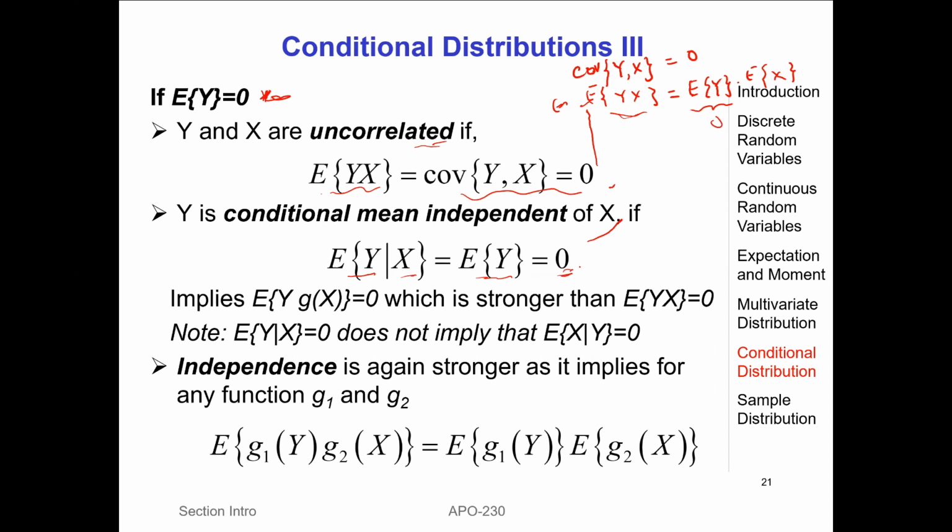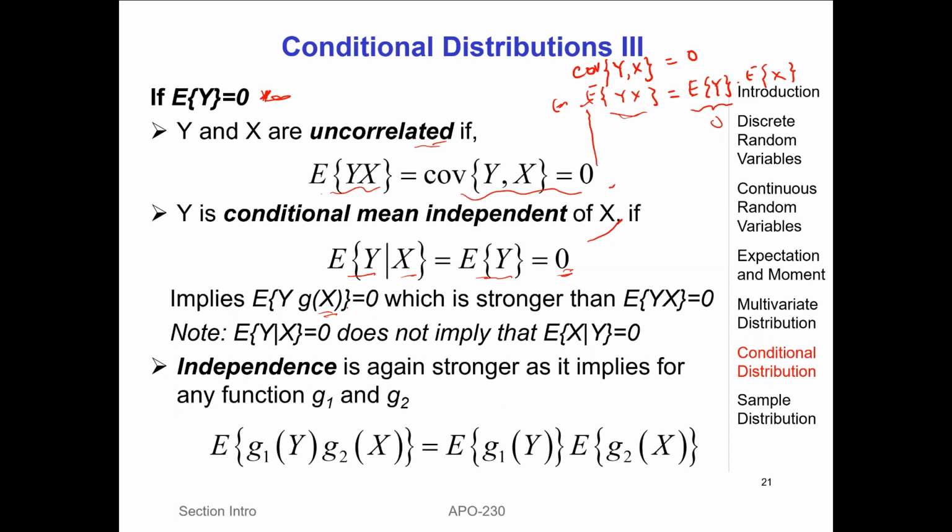And it is stronger than the earlier level, which is uncorrelated. Why? Because it implies that any function of x will also not tell you anything about the expectation of y, even a nonlinear function of x.